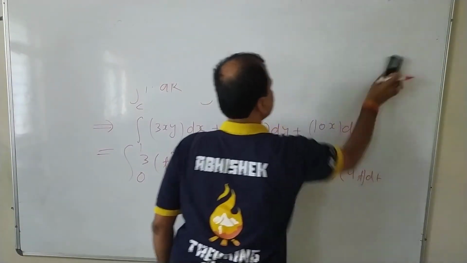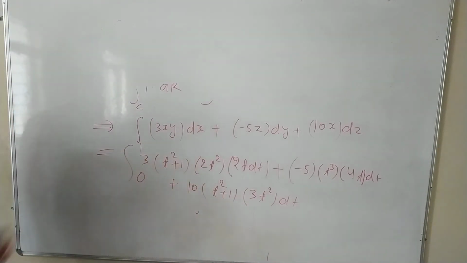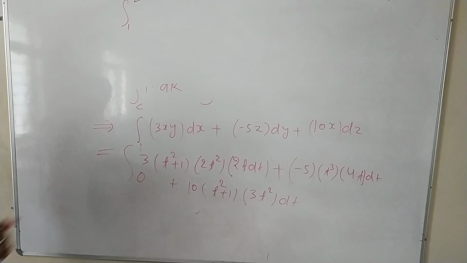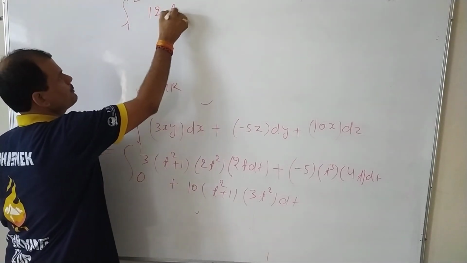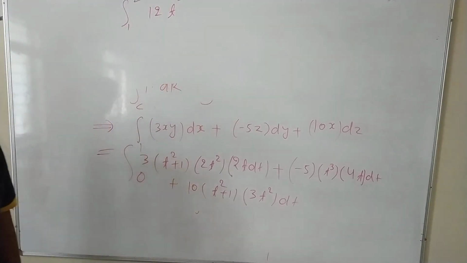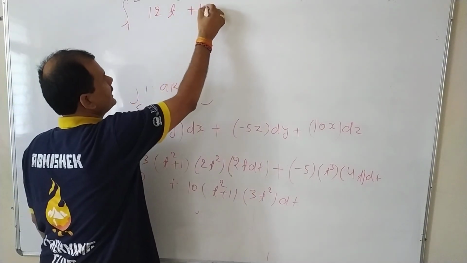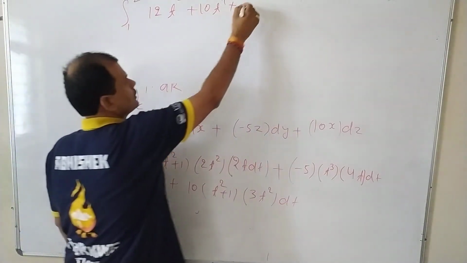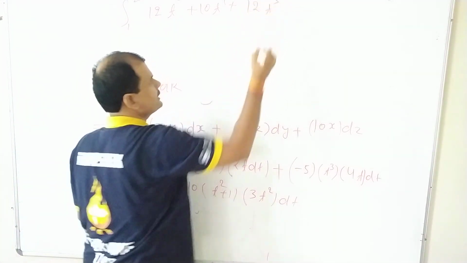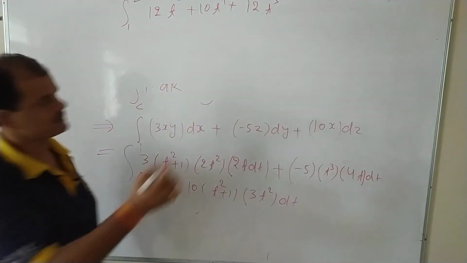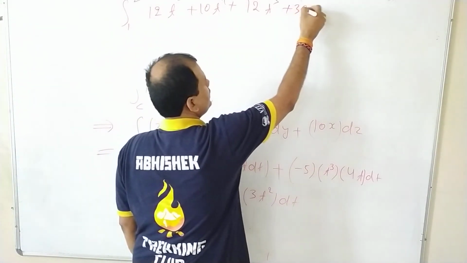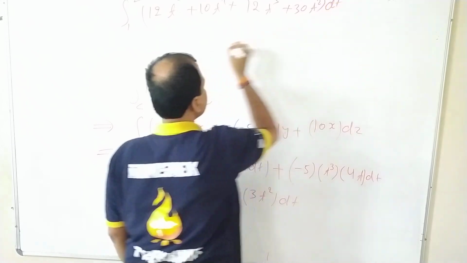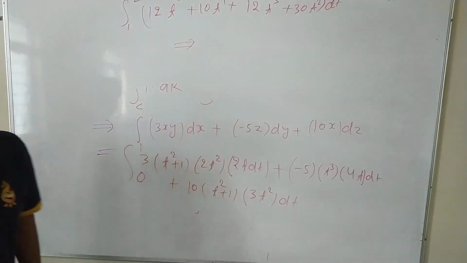Okay. So if you simplify this, we get the integral from 1 to 2 of 12t power 5 plus 10t power 4 plus 12t cube plus 30t square dt, and if you integrate and simplify, your answer will be 303.